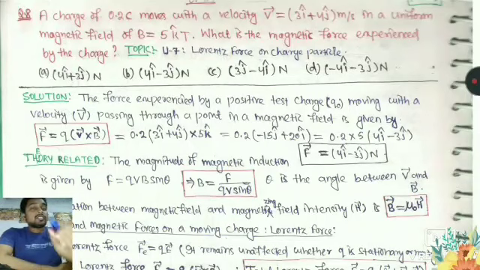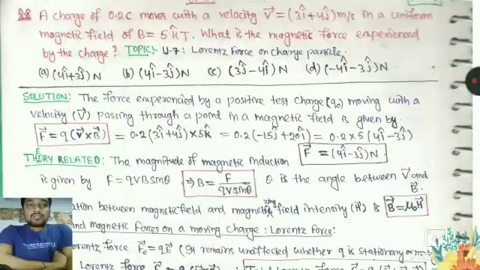The force is given by q into v cross B. Remember, v cross B, velocity cross product with the magnetic field. Here the magnetic field is 5 k cap Tesla and velocity is 3 i cap plus 4 j cap meter per second. We can cross product these two. Okay, i cross k is minus j and j cross k is plus i cap.